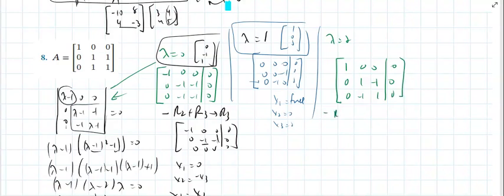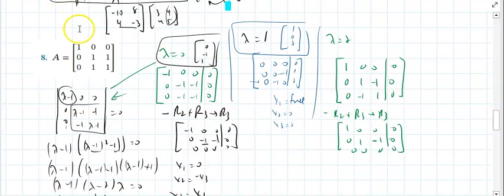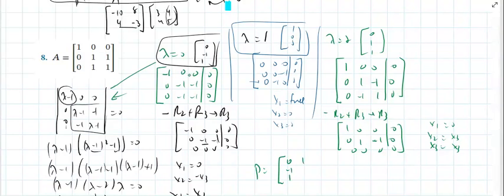And if I take negative row 2 plus row 3 and row 3, I'll get x3 to be free, x2 is x3, and x1 is 0. P would be, excuse me, and there it is.